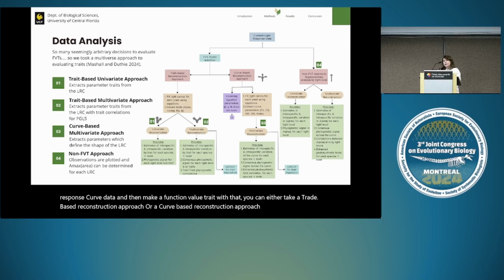For the trait-based approach, you can take physiological traits like dark respiration, the basal metabolic rate, quantum yield, and light compensation directly from the curve and put them into evolutionary models so that you can detect phylogenetic signal in each trait. Alternatively, you can take those traits and find correlations amongst them because they are not independent of each other, and then use that to better inform your evolutionary models and find consensus phylogenetic signal in response.